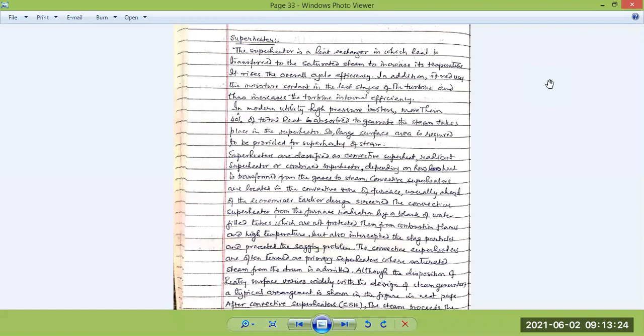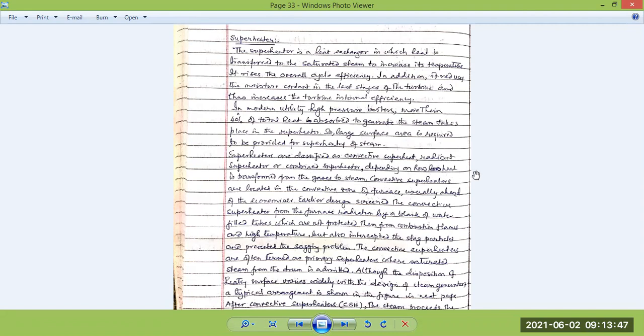So what happens here? Superheaters are generally classified into conductive superheater, convective superheater, radiant superheater, and combined superheater. So three types are there, based on how the heat is transferred from the hot flue gases to the water or steam inside the superheater.